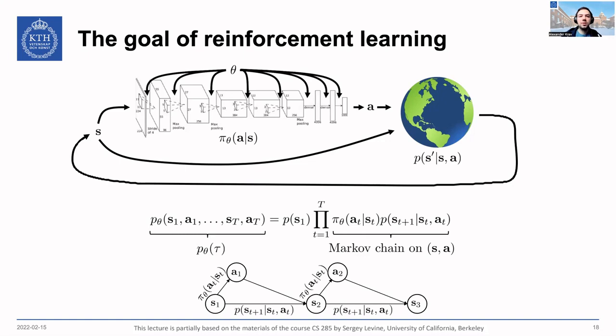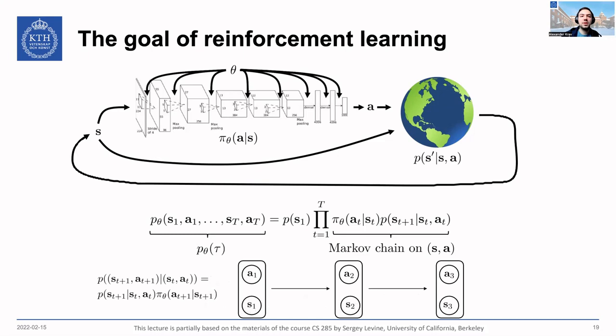So in this case, we can imagine that we have state 1, state 2, state 3, and then the policy tells us to get an action given the state, and then given the state and an action, we transit into the next state. So that's what we had so far. This is a typical Markov decision process.